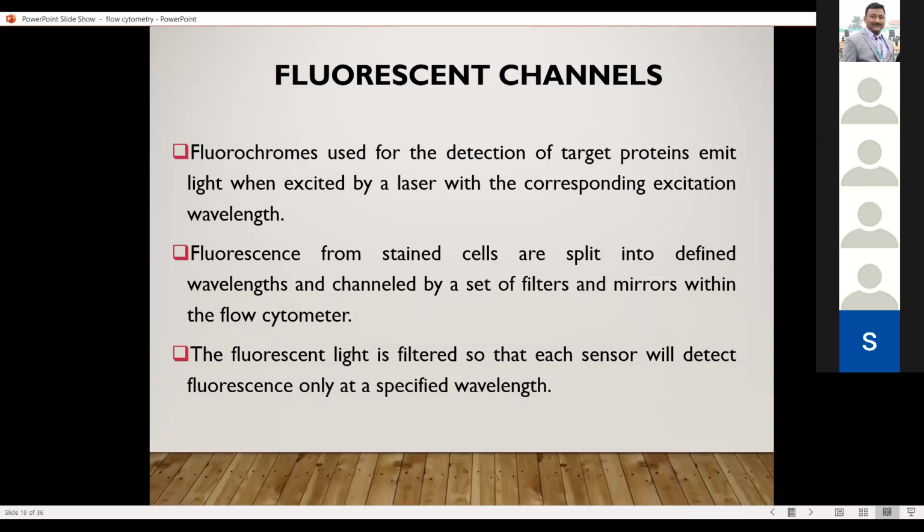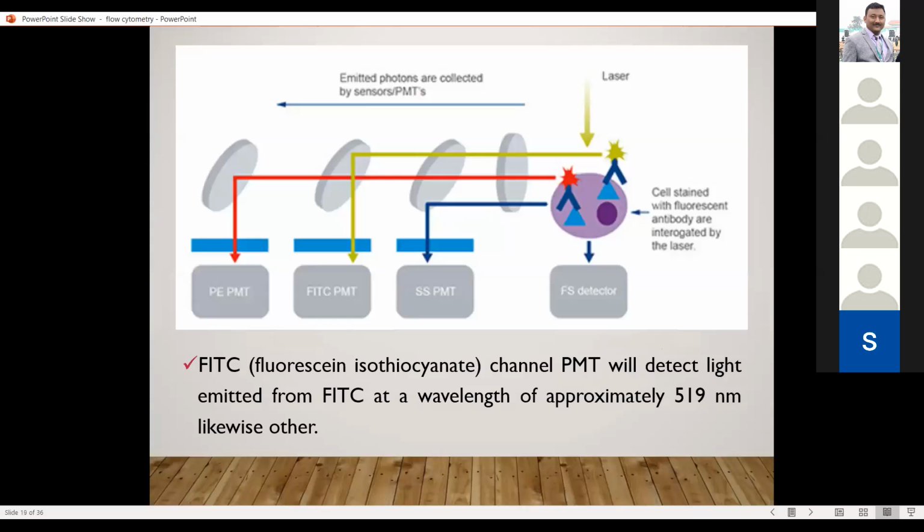The fluorescent light is filtered so that each sensor will detect fluorescence only at a specific wavelength. Like the FITC channel, we can see here what the fluorescence channels are.